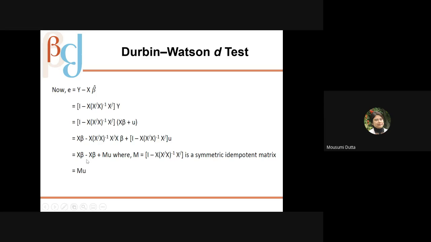So it can be presented as x beta minus x beta plus Mu, where M is the idempotent matrix given by I minus x (x prime x) inverse x prime. Since x beta will be cancelled, e is simply M into u. M is the idempotent matrix.